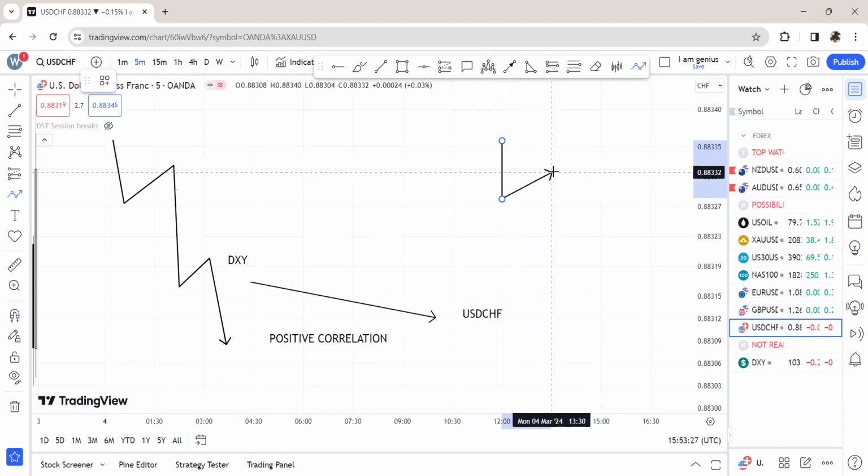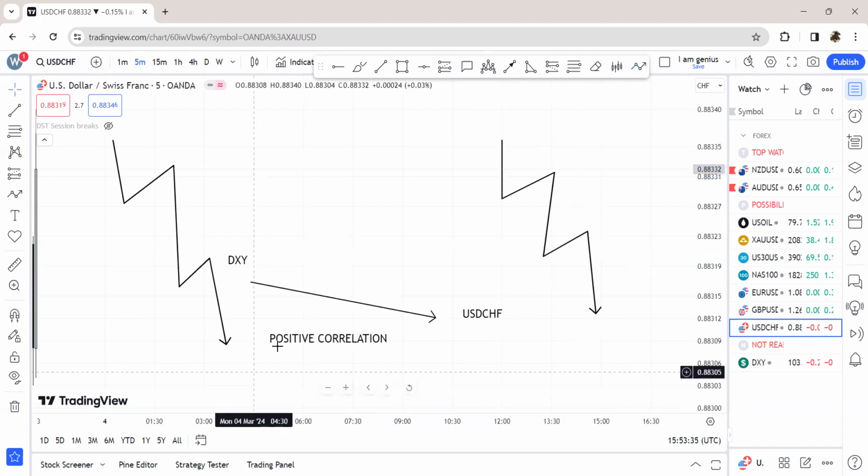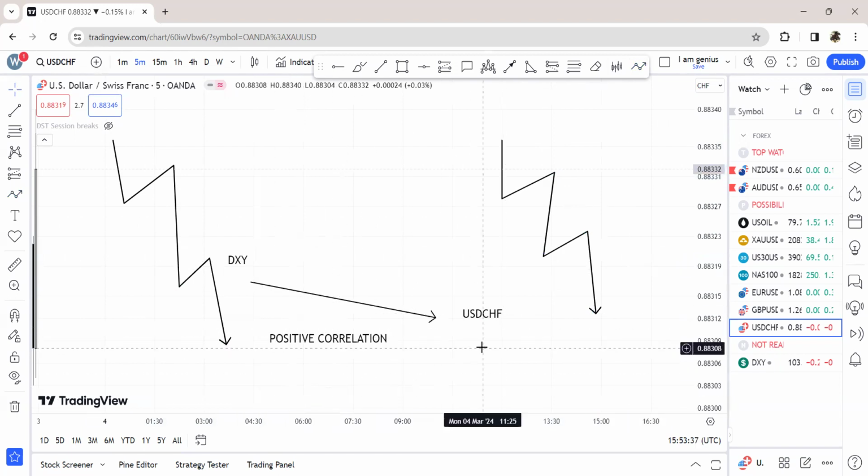If you say uptrend, it means you have to go back and watch this video again. It's supposed to be downtrend because remember we've said these two have a positive correlation. Any currency pair that has USD as a base, and whatever currency that follows here doesn't really matter. As long as USD is the base, it will move in the same direction as the DXY.